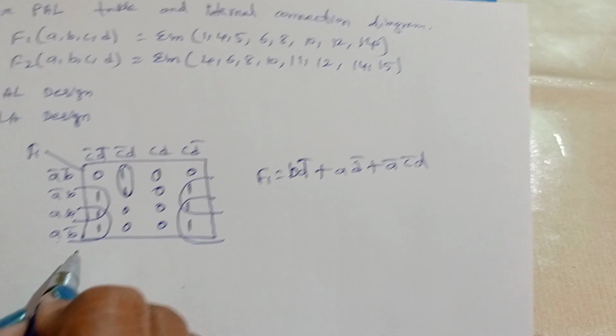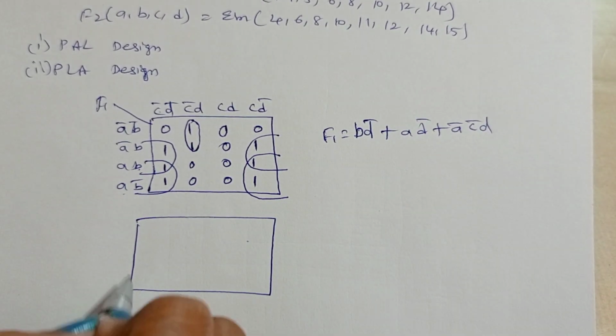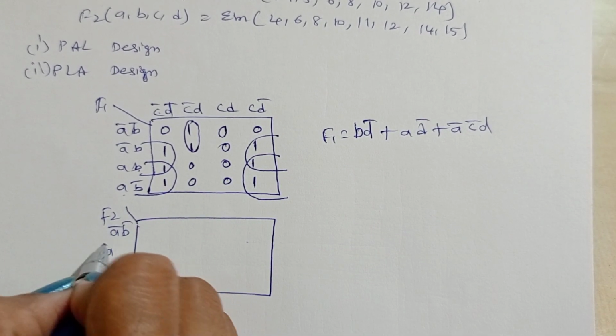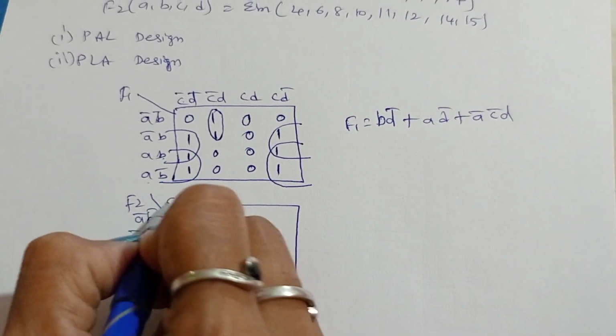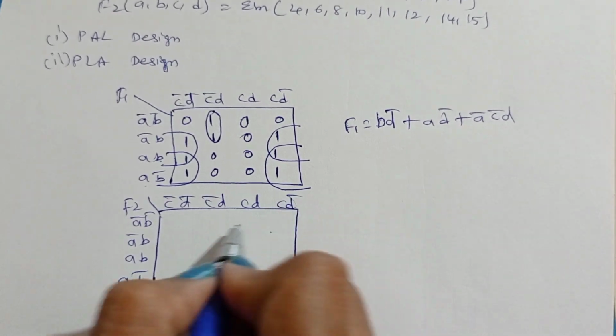Same as F2. F2: A bar B bar, A bar B, A B, A B bar, C bar D bar, C bar D, C D, C D bar.